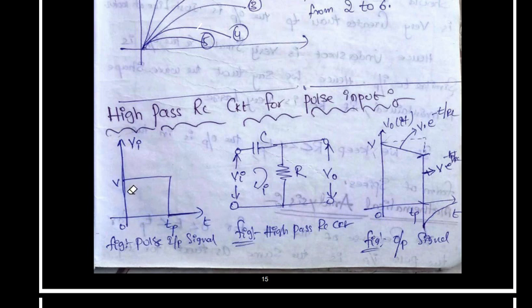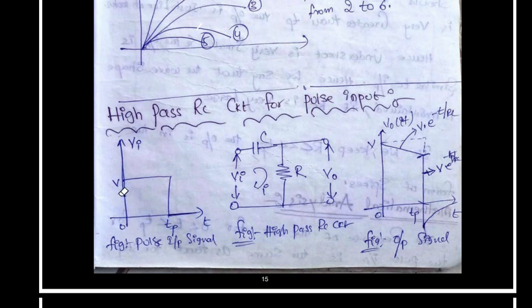Now this pulse signal is going to be applied to the high pass RC circuit, and this is the response produced by the corresponding circuit. Now the operation of the circuit is divided into many cases. First case is t less than 0.